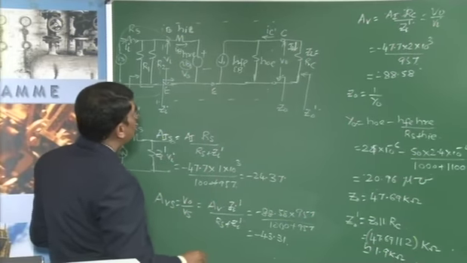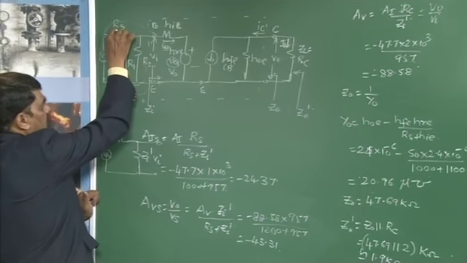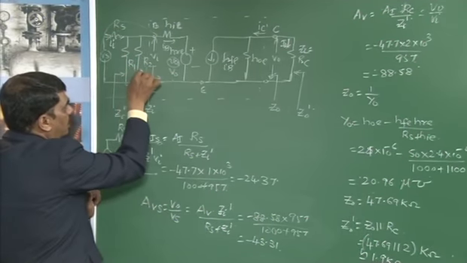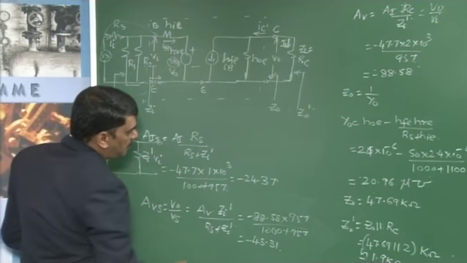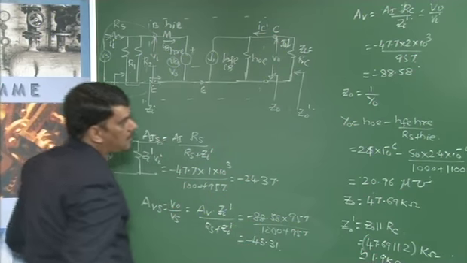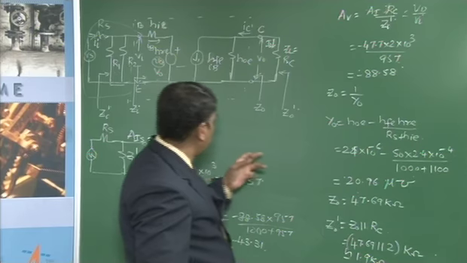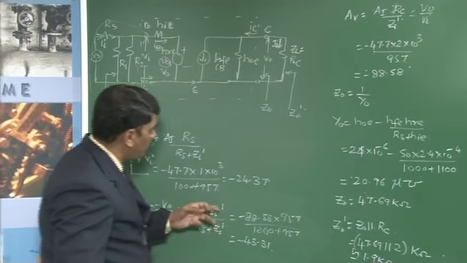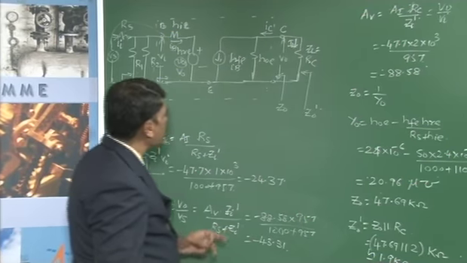From this example, we conclude that due to the effect of the source Rs and the parallel combination of R1 and R2 biasing resistances, the current gain and voltage gain both decrease, and the input impedance is also reduced from 1077 ohms to 957 ohms.